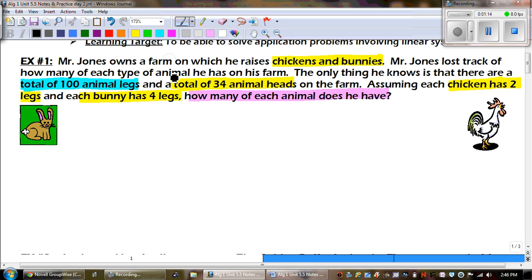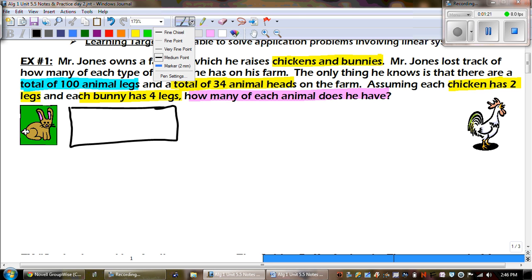Well, the first thing that we're supposed to do is label, identify the variables. The two things that we're talking about are chickens and bunnies. So x equals chickens just because that was first, and then y equals bunnies.